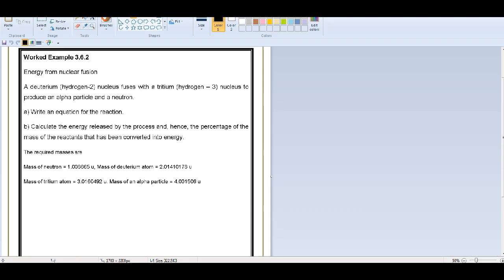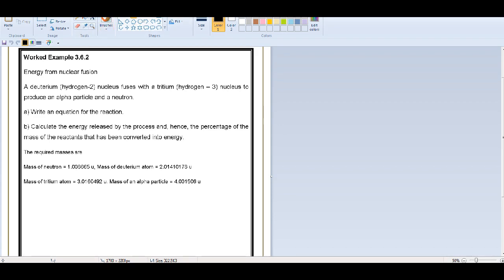Here is another example, similar to the fission one. This time you've got two hydrogen isotopes, hydrogen-2 and hydrogen-3, and they need to fuse together to produce an alpha particle, helium, and a neutron. Write an equation.